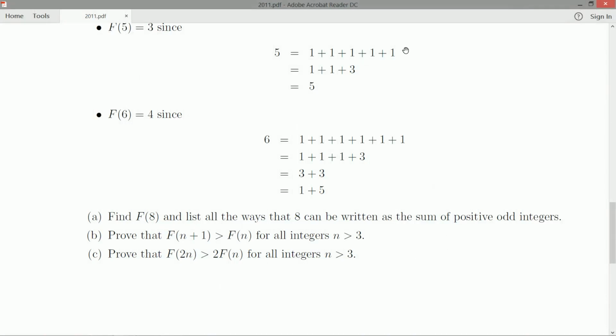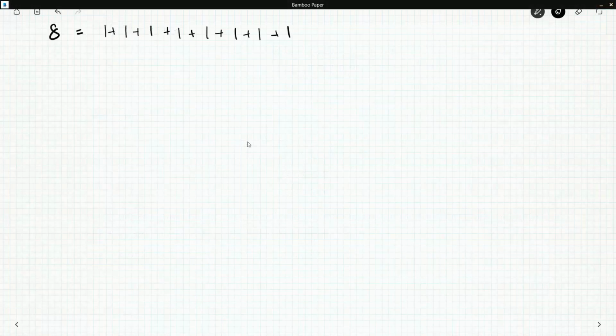I think the easiest way to do it is to start with 8 ones, because that's certainly how they seem to be listing theirs. Start with it all in ones, and then take away 3 of the ones and put a 3. Let's see where we can go from there.